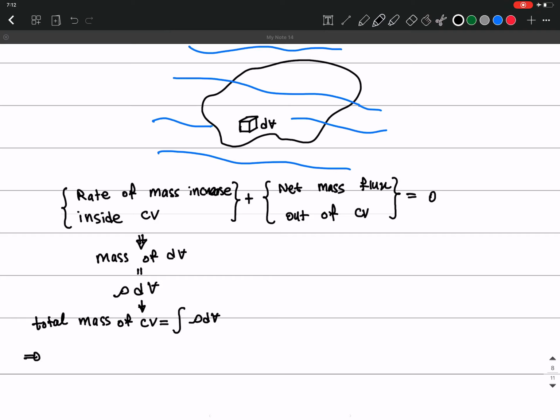And now, the rate of mass change inside the control volume: what do you need to do? The mass of CV is the integral of rho dV.